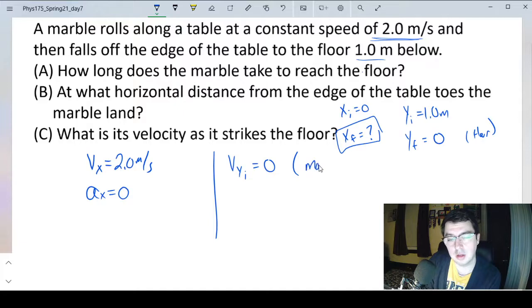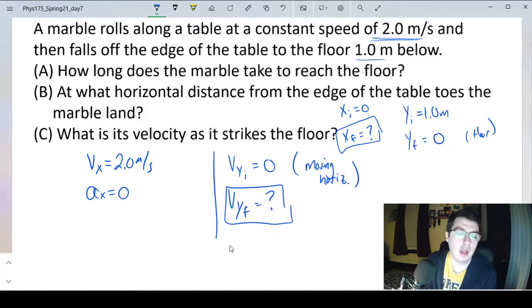Because we are moving horizontally at first. Now our Vy final is something that we don't know. We're being asked for that in the last part. And we don't know t, right? T is another mystery.